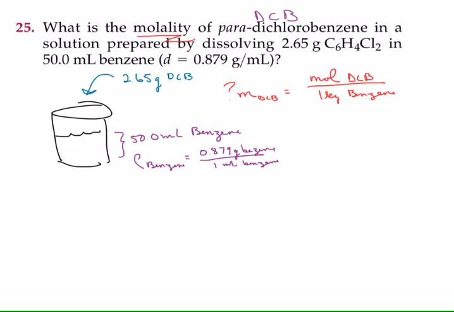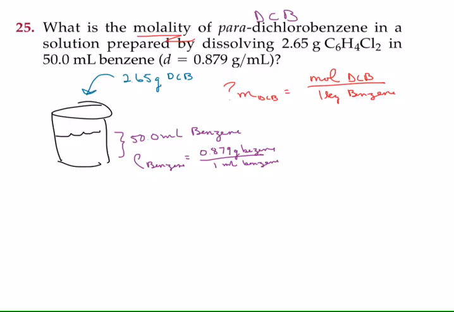Little m means molality, so you're after the moles of DCB in 1 kilogram of benzene. And the density of benzene is given right here.